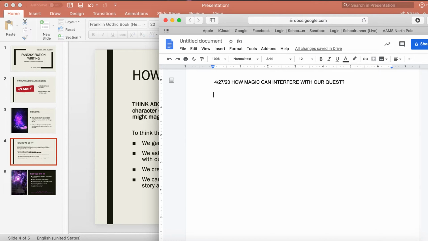And again, it can interfere in a good way or in a bad way. So, misusing magic can hurt me or others, right? Misusing magic can cause setbacks because maybe our powers get taken away if we don't use them properly. And I'm not spelling this word properly. How else can magic interfere with my quest?